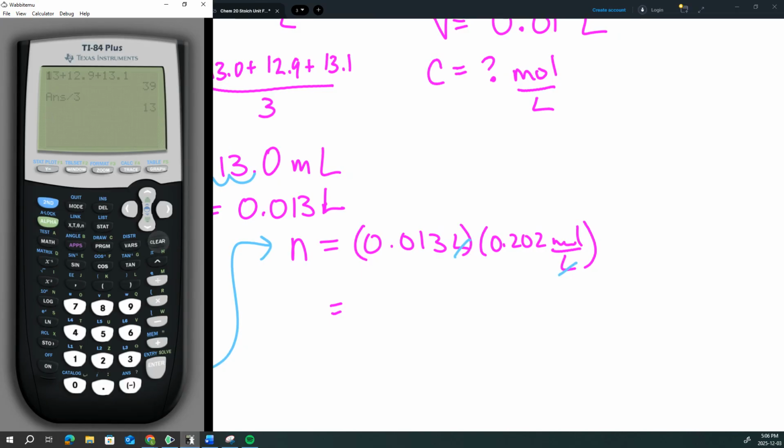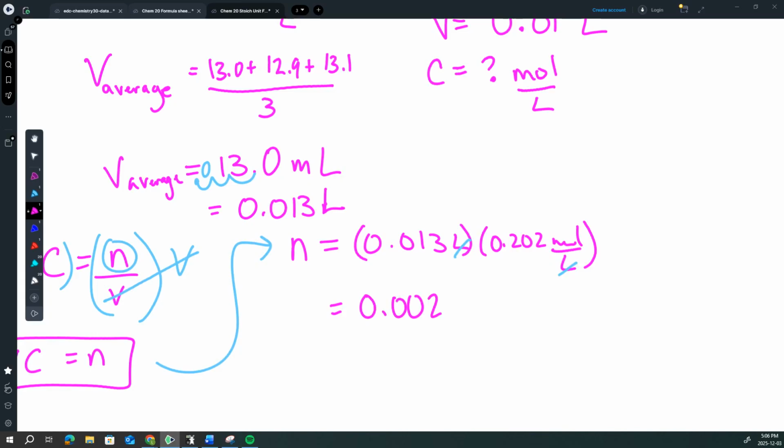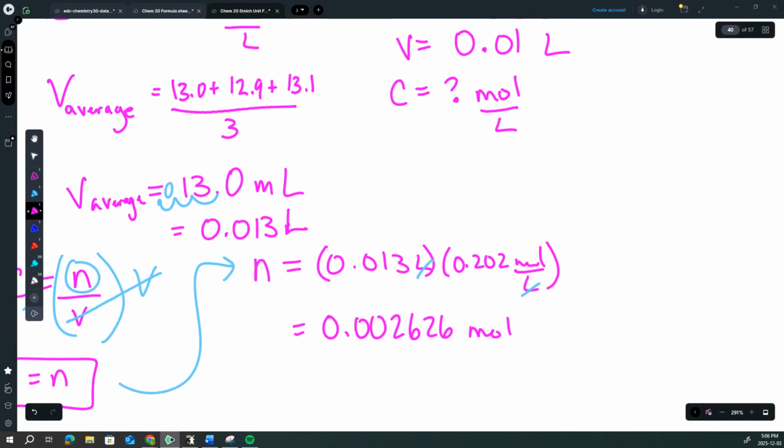Okay, so let's get rid of that. 0.013 times 0.0202, sorry. So we get 0.002626. Actually, I don't think that number keeps on going on. My bad. Okay, and that's going to be moles of sodium hydroxide.